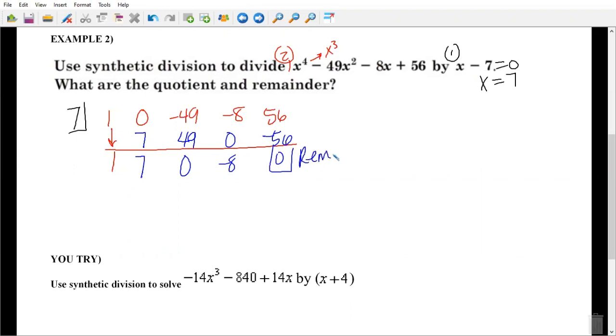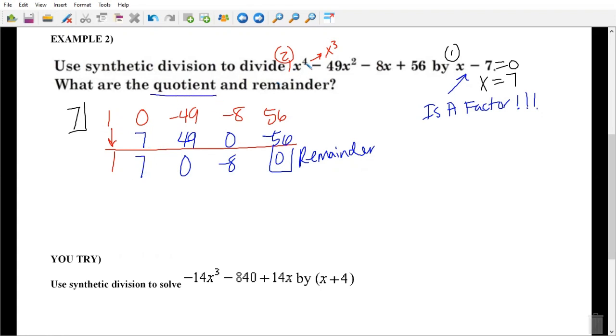So this is a remainder of 0, which means that x minus 7 is a factor. Yay! Party over here. x minus 7 is a factor. But now let's know, what is my quotient?